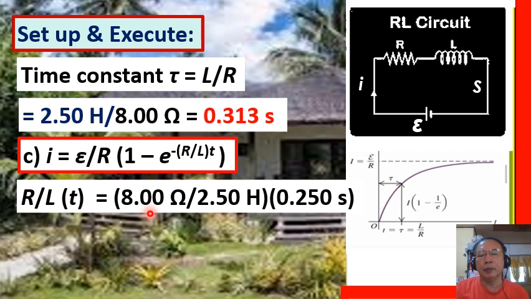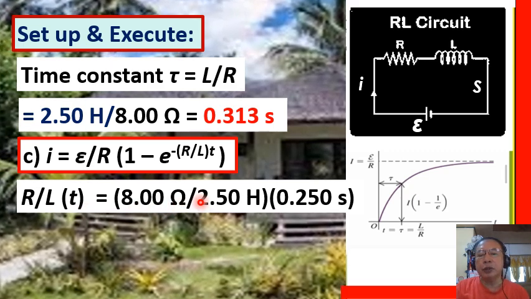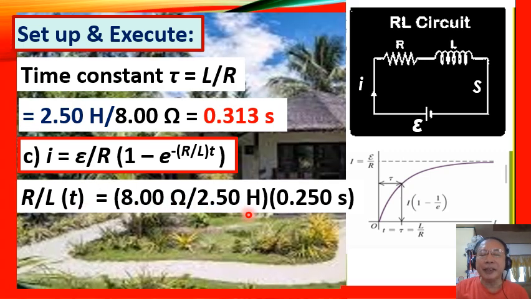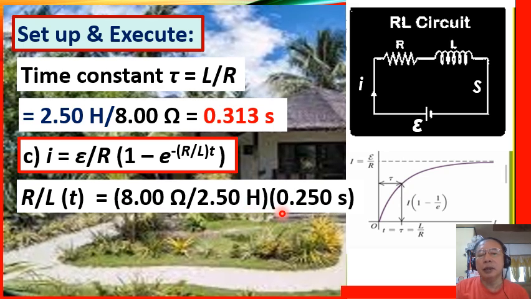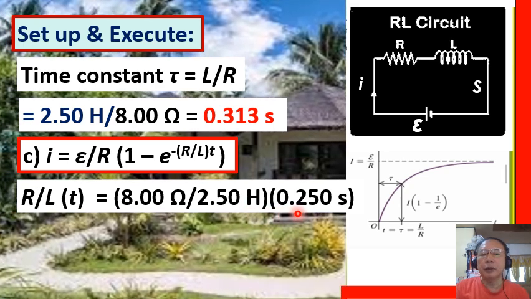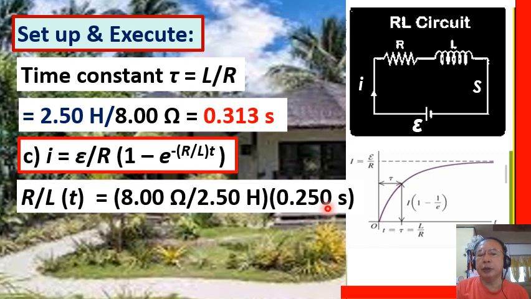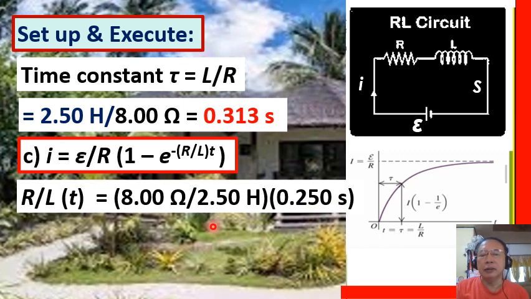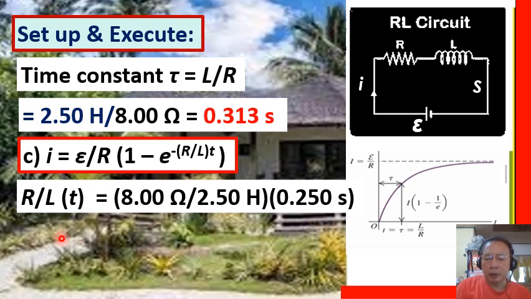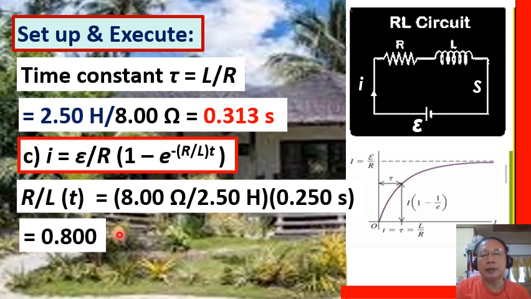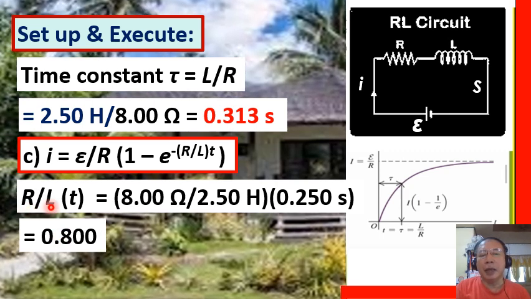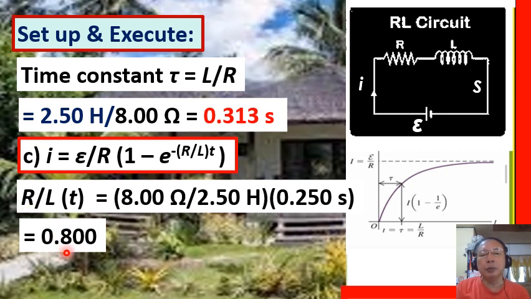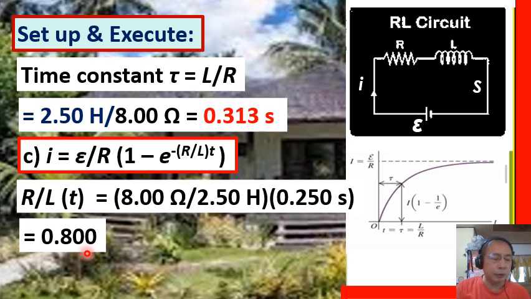That is 8.00 ohms divided by 2.50 Henry times the given time, 0.250 seconds. Simplifying, we get that the value of R over L times t is equal to 0.800.